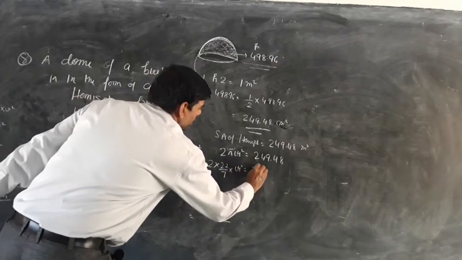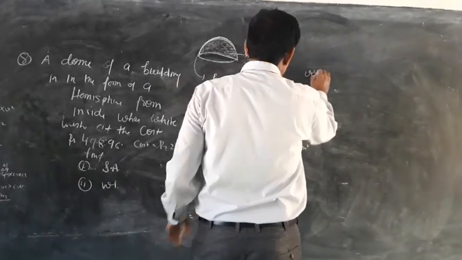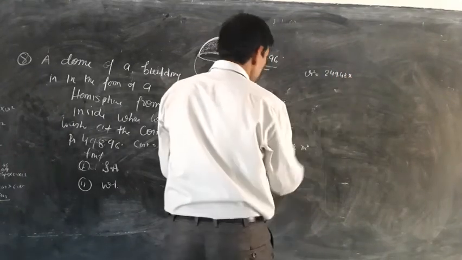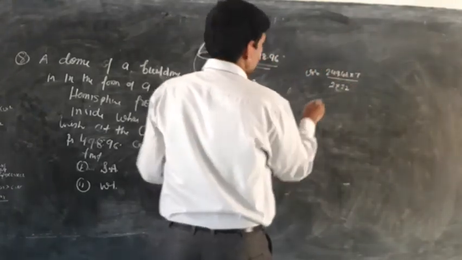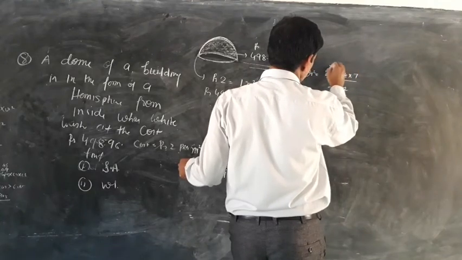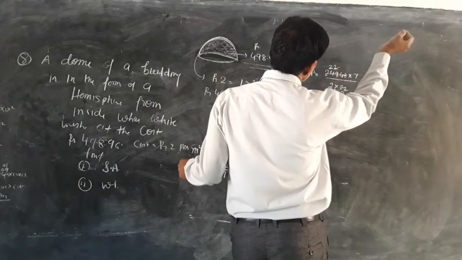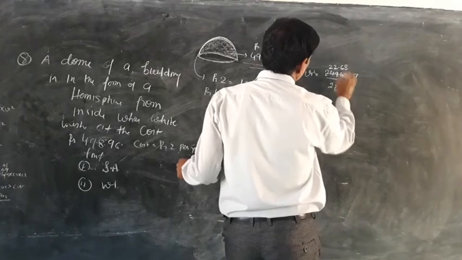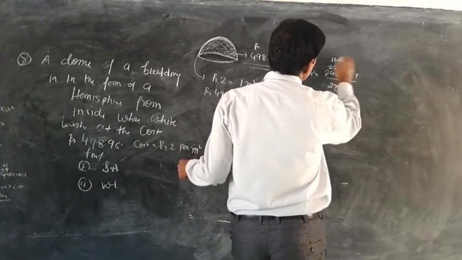So r square is equal to 249.48 into 7 upon 2 into 22. 11 2s are 22, 11 2s are 22.